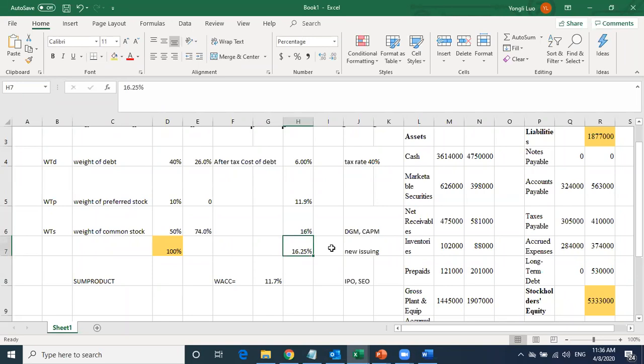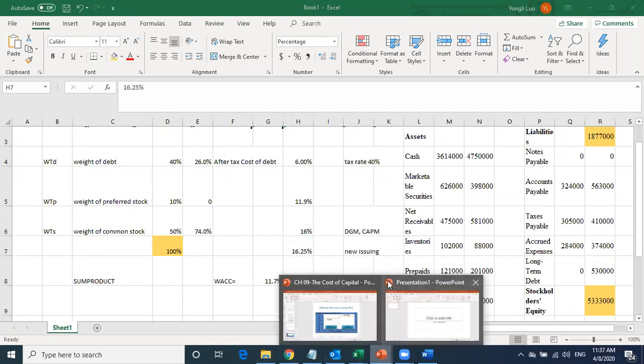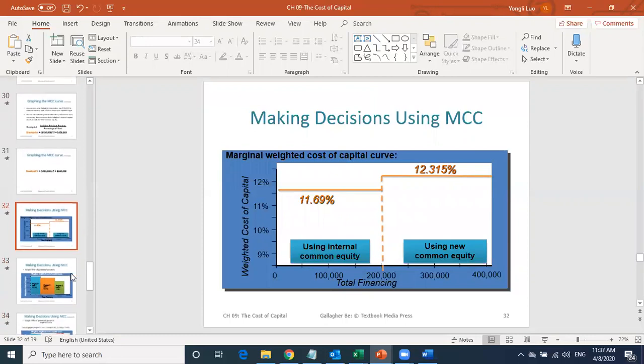That's the concept of marginal cost of capital when you make a decision.